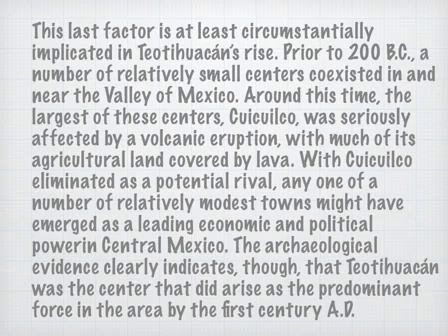With Quilquilco eliminated as a potential rival, any one of a number of relatively modest towns might have emerged as a leading economic and political power in central Mexico. The archaeological evidence clearly indicates, though, that Teotihuacan was a center that did arise as the predominant force in the area by the 1st century AD.